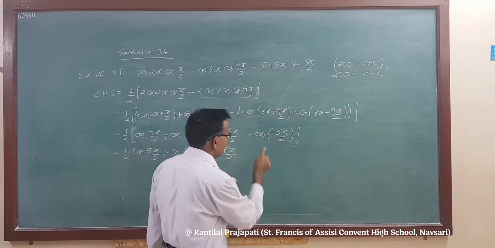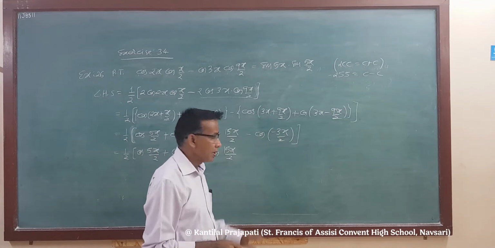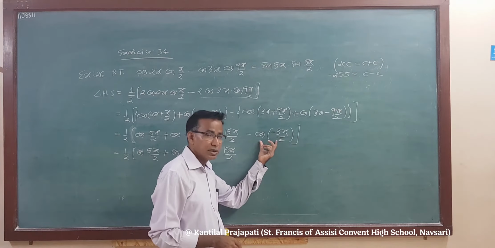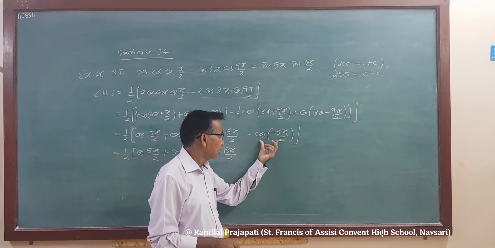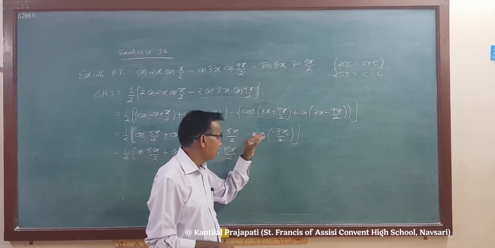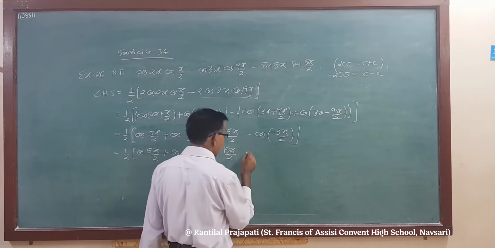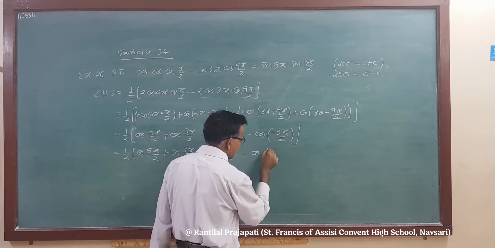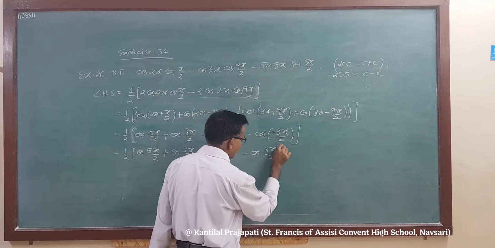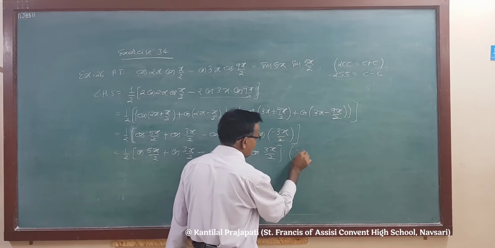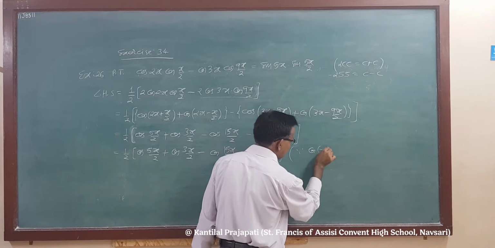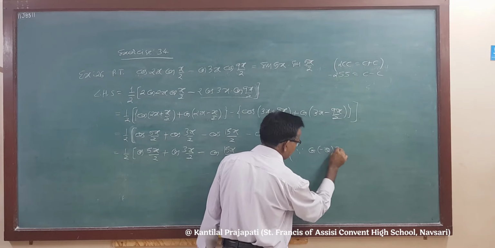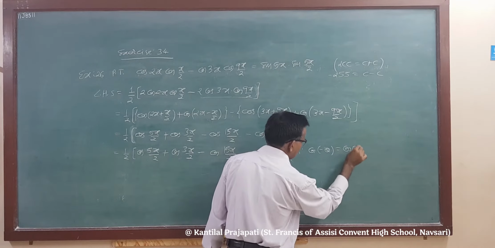And now apply the definition of even and odd functions. Cosine is always an even function, so the minus sign does not come out; the minus sign will be cancelled in the cos function. So we get only cos 3x by 2, because cos of minus theta is equal to cos theta.